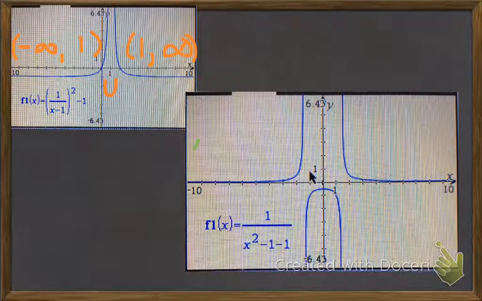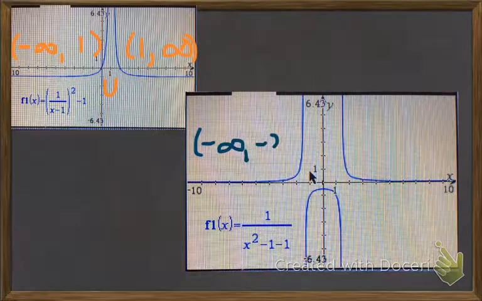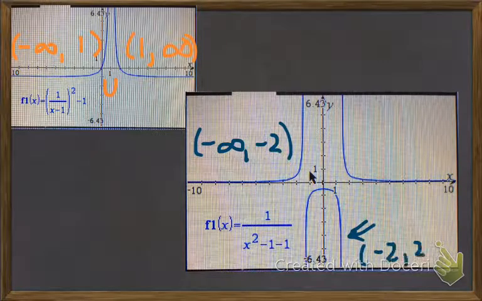So negative infinity, oh, that light green doesn't show up on the white. I think I learned that. So negative infinity to negative 2. And then this piece down here in the middle is our negative 2 to 2, but not including our negative 2 and 2.